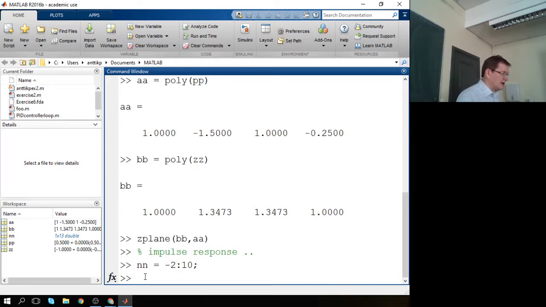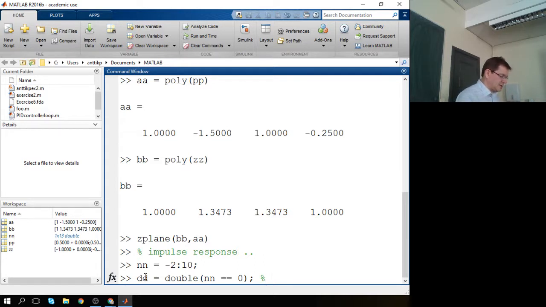So 10 is quite a good number here. Then the impulse is simply nn equals to 0. And I'll do the casting to double just for fun. MATLAB calculates just nicely without this, but this makes sure that we have double precision values instead of true/false values in that vector.